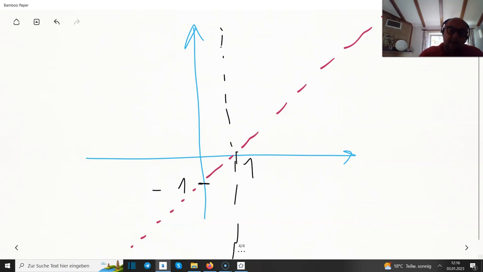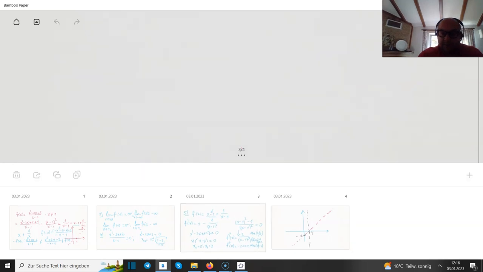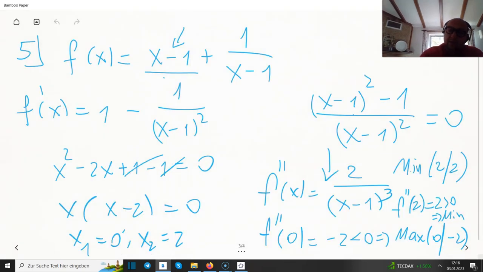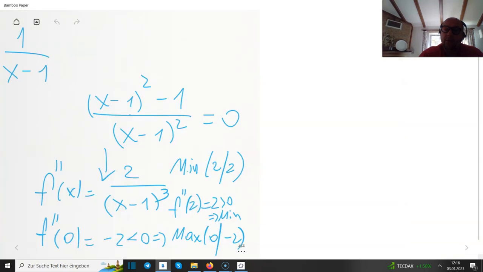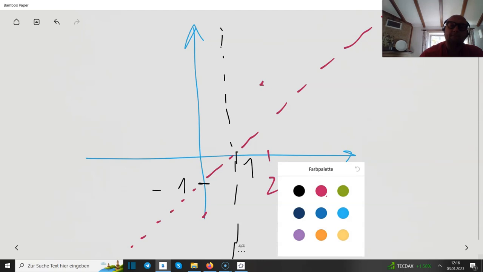A max at, I think it was 0 and minus 2, if I'm right, and at 2, 2, the min. And don't forget that we are exploding just before 1 on the left-hand side towards minus infinity, and just after 1 on the right-hand side towards plus infinity. So it looks like this. Let's see, 2, 2, and 0, minus 2. It goes like this.